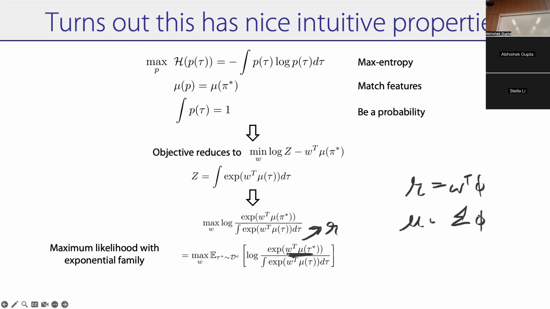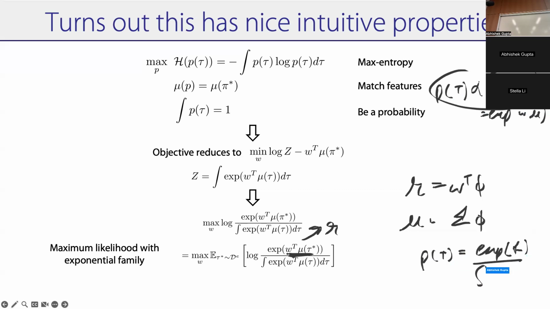So all that this is saying is that the solution to find W is just you solve this objective, which is saying that the likelihood of a trajectory is proportional to exponentiated reward, which is equal to exponentiated W transpose features. And this has to be a proper probability distribution. So you can show that P of tau is equal to exp of the reward divided by the integral of exp of the reward, so that it just integrates to 1.